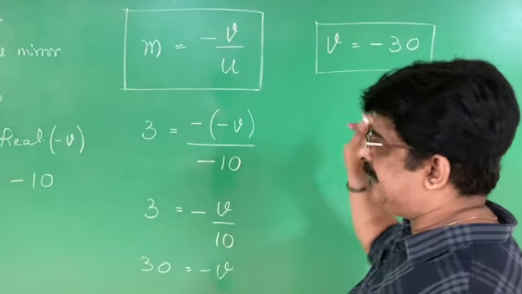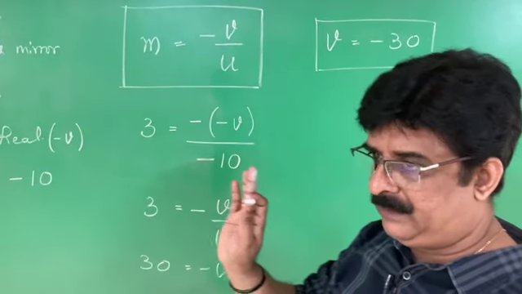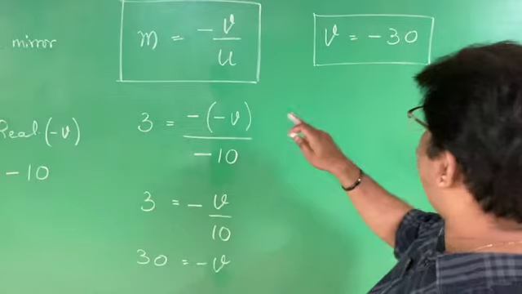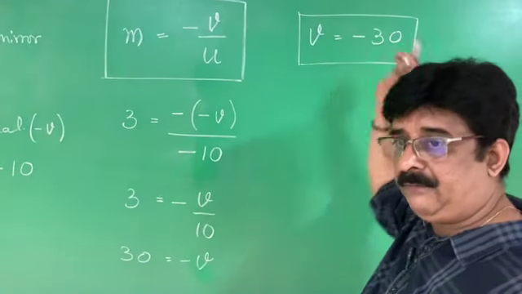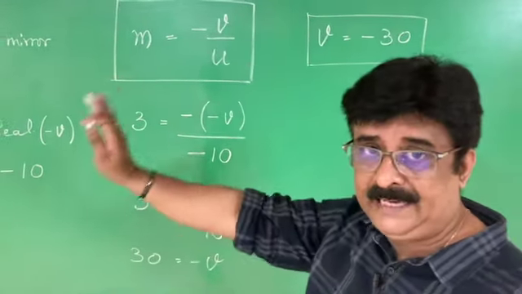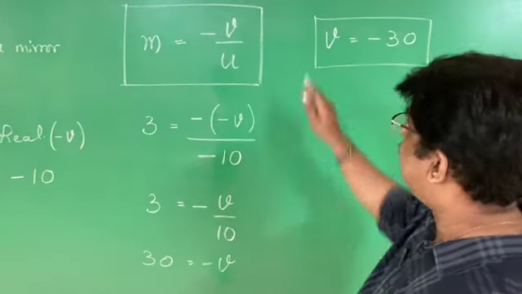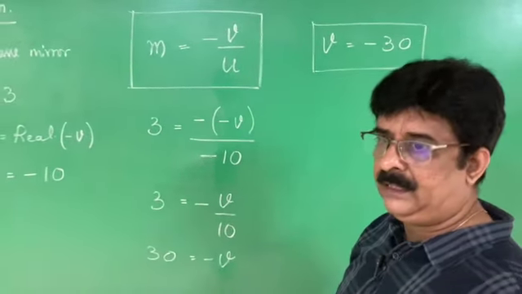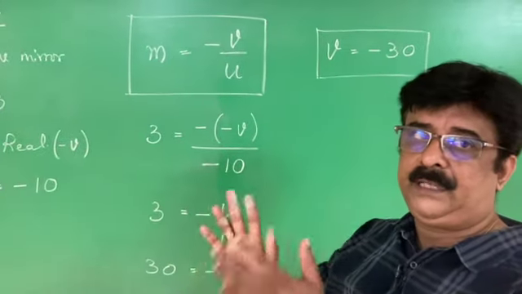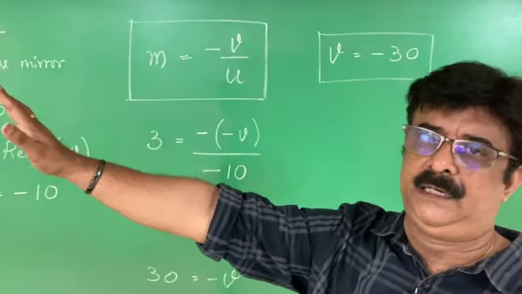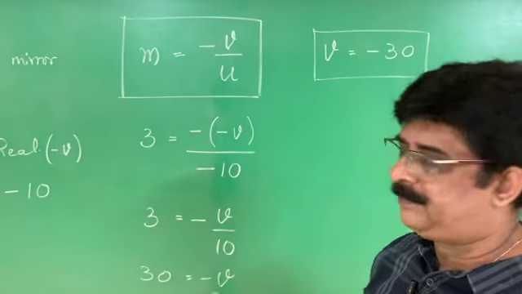When the object is placed 10 centimeter from the pole of the mirror, the image is going to form 30 centimeter from the pole of the mirror on the left side. Therefore the image is a real image. So the answer is 30 centimeter from the pole of the mirror on the left side. That is the answer for this particular question.